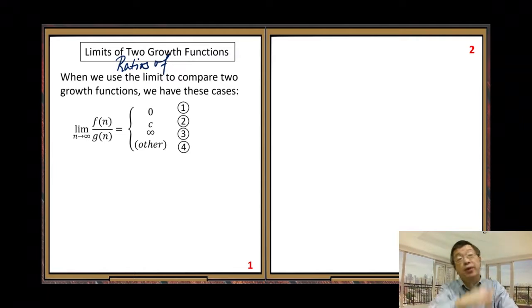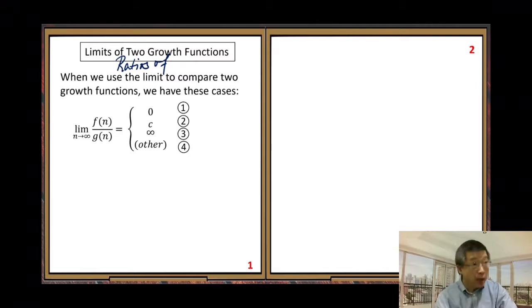Because the first one already we look at the 0 case. So the second one, we should avoid 0. We don't include 0 in the second case. But for non-zero constant C in our algorithm context, because when we compare two growth functions, we expect both to have positive values. Because typically, when we use a growth function, we measure the number of basic operations.